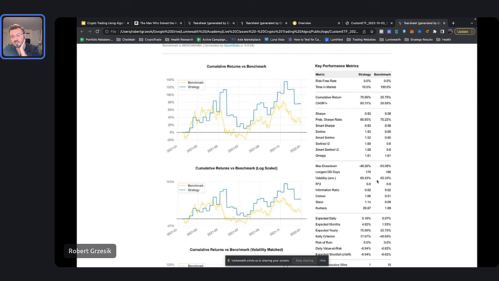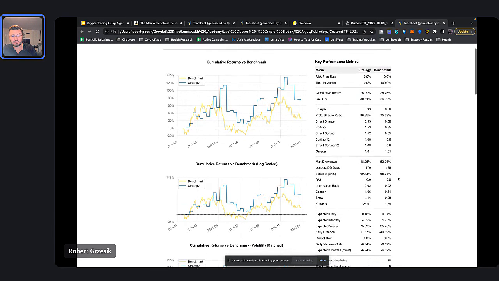Our volatility is pretty similar, though. 69 versus 65, slightly higher, but not too much higher. Which is why we have a Sharpe ratio that's almost double that of Bitcoin. So triple the returns, almost the exact same risk, maybe even a little lower risk, depending on how you measure it, and you're just making tons of money doing this stuff.